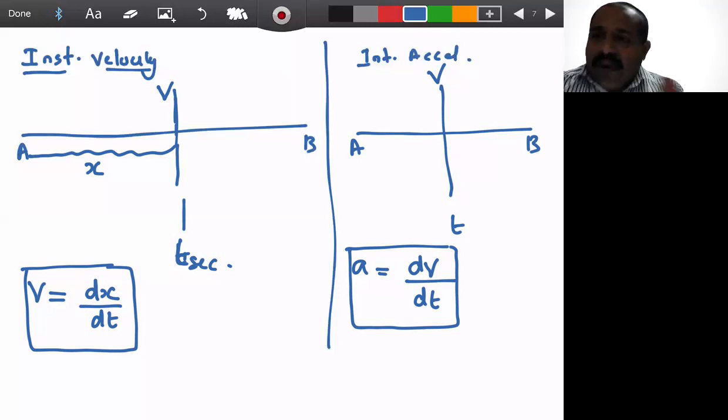So that's all about this video. As a quick review, what all things did we learn? We learned about distance, speed, velocity, acceleration, displacement, instantaneous velocity, instantaneous acceleration, right? And we learned about average speed and average acceleration. What is average acceleration?